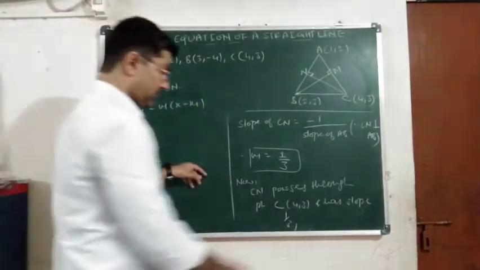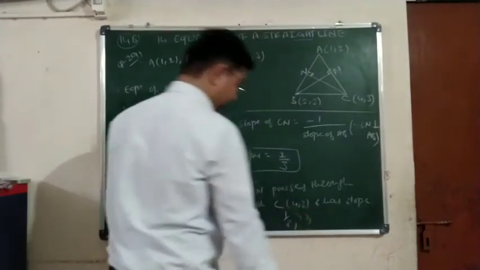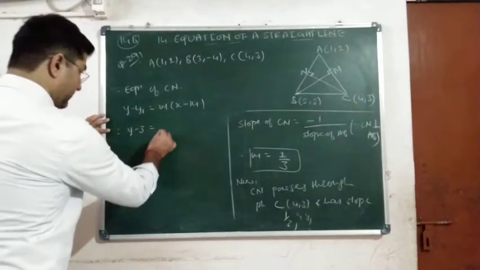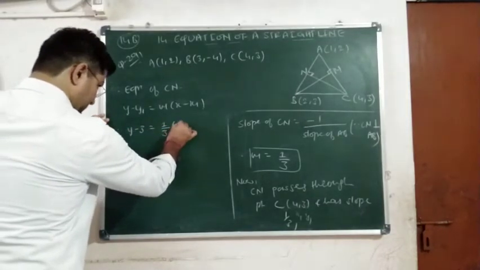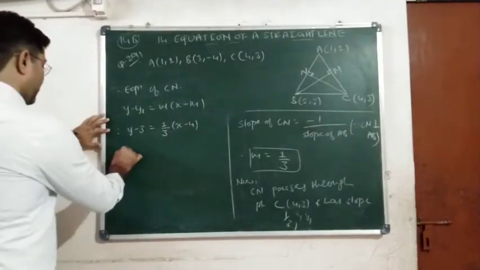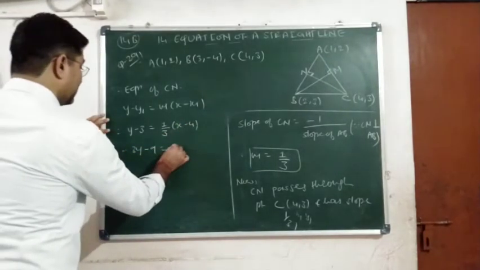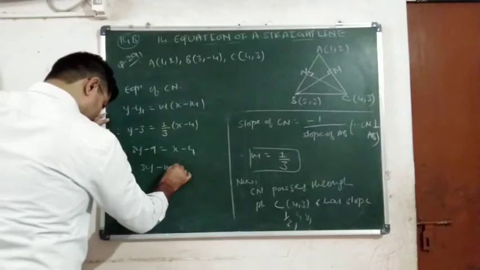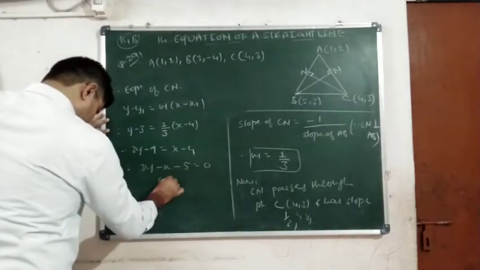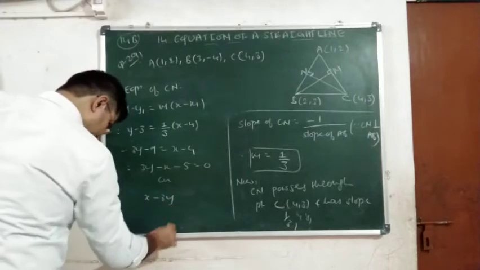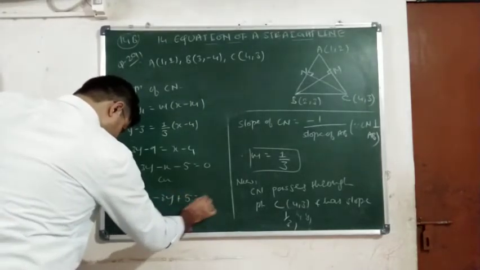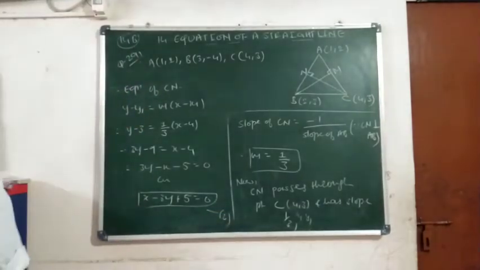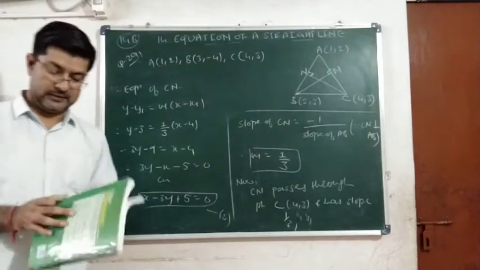Coordinates of C will be x1, y1 in this case. Yes or no? So y minus 3 is equal to 1 upon 3 into x minus 4. Therefore 3y minus 9 is equal to x minus 4. Therefore 3y minus x minus 5 is equal to 0, or x minus 3y plus 5 equals 0. This is the second answer, equation of altitude CN. Clear?